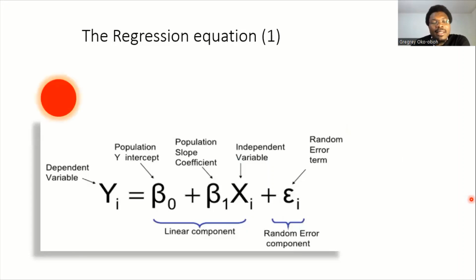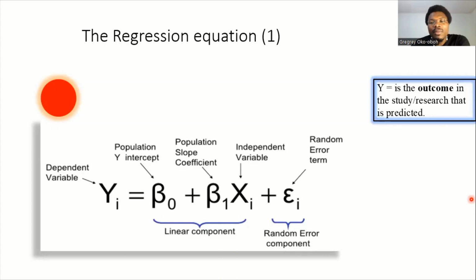The y in this equation is the dependent variable, or the outcome in the study or in the research, that is being predicted. Now, this outcome in our case will be the PCV. So everything to the left is this outcome, and that outcome actually describes that line of best fit.